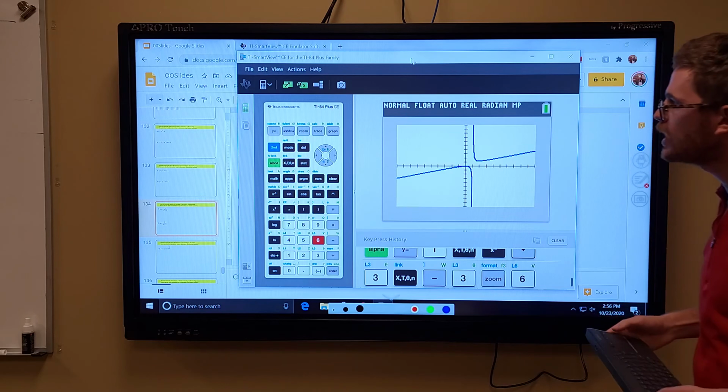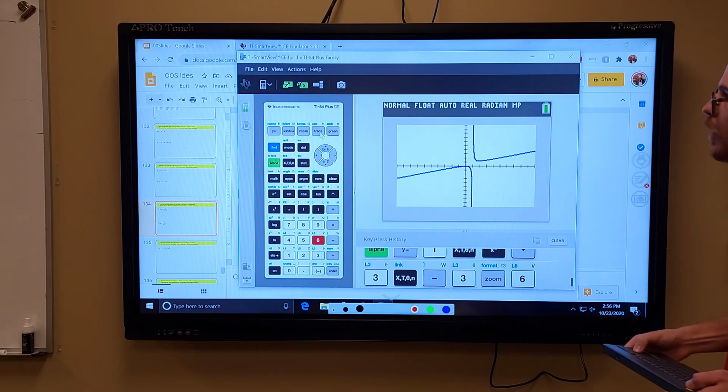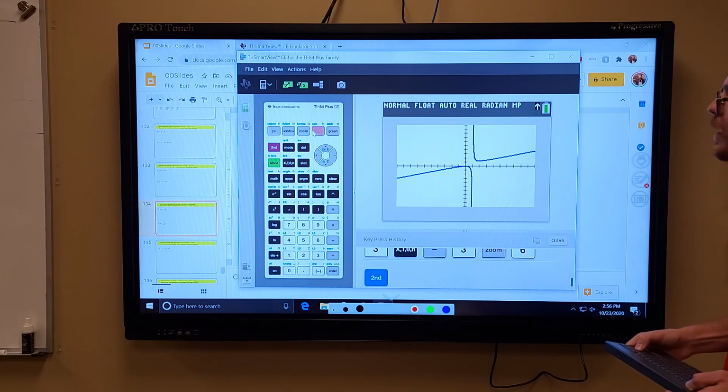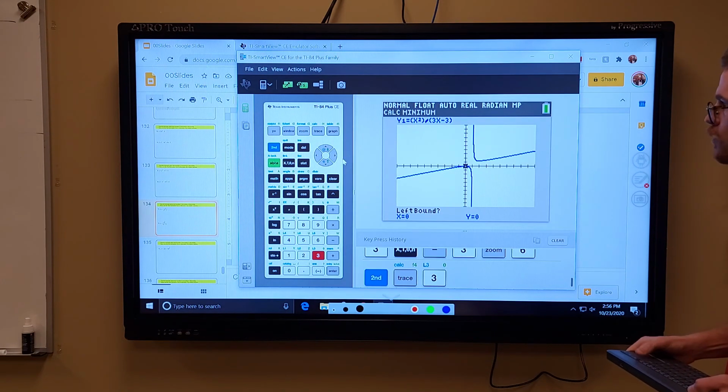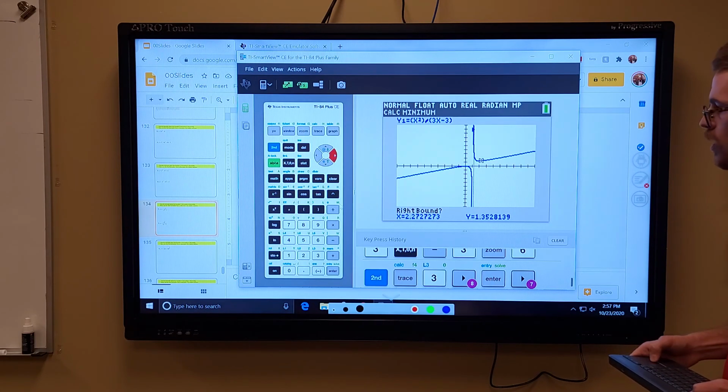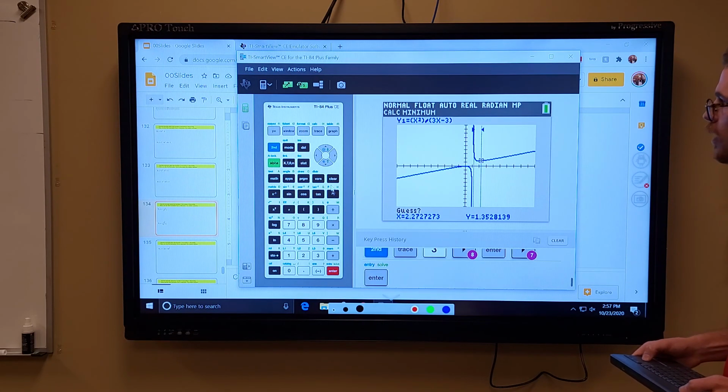So I'm just going to double check that right there. I'm going to calculate that minimum. Okay, there we go. Left bound, right bound, let's guess.